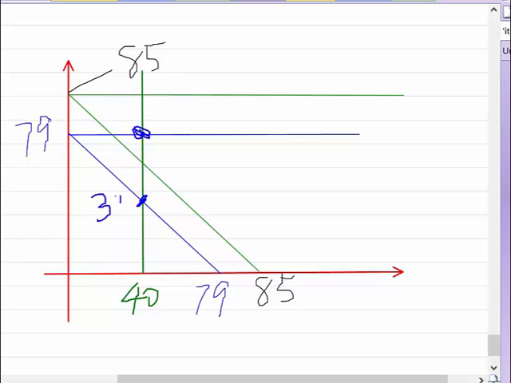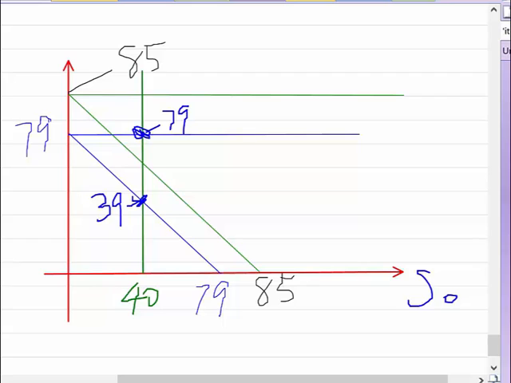So for the European put, the upper bound is $79 if the underlying stock price is $40, and the lower bound for that European put will be $39.